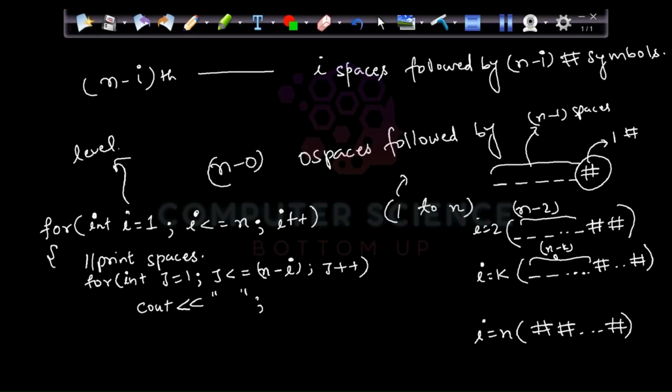So j will vary from 1 to n minus i. When i is equal to 1, j will go from 1 to n minus 1. When i is equal to 2, j will go from 1 to n minus 2.